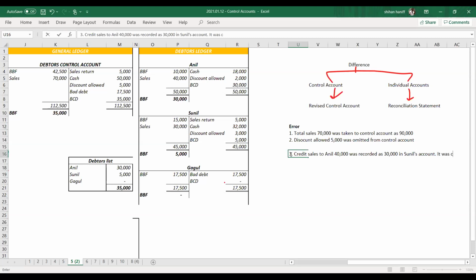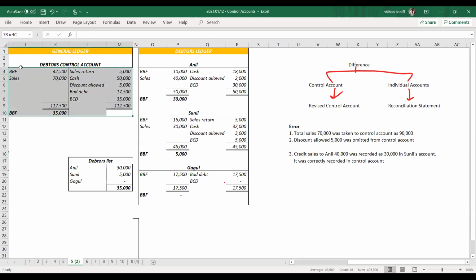It was correctly recorded in the control account. And so the control account is correct. 35,000 is the balance.